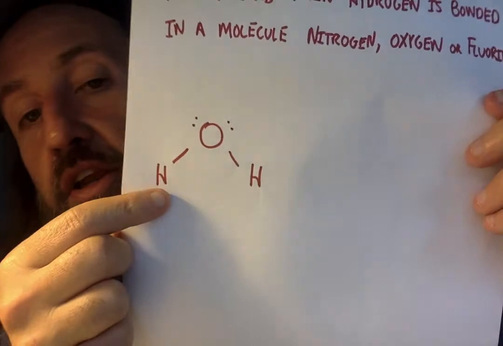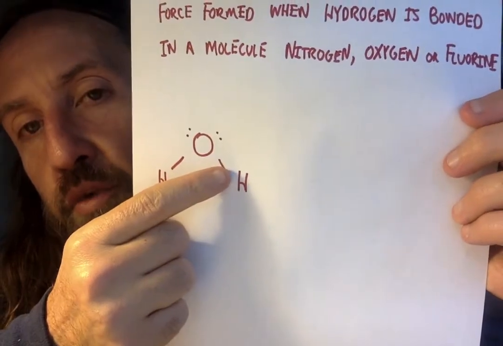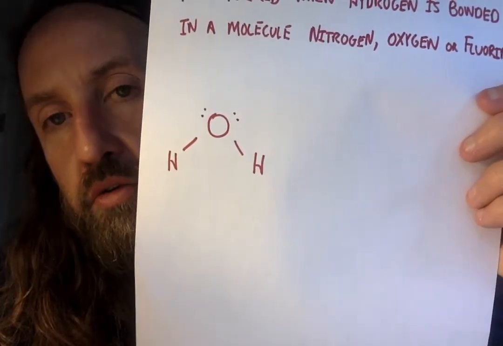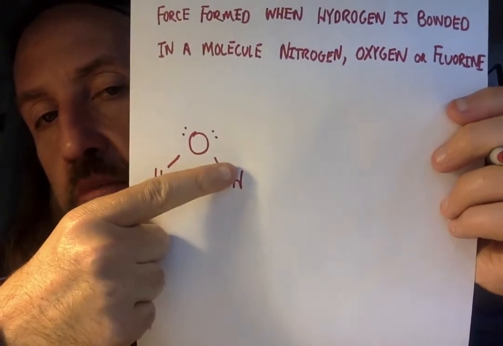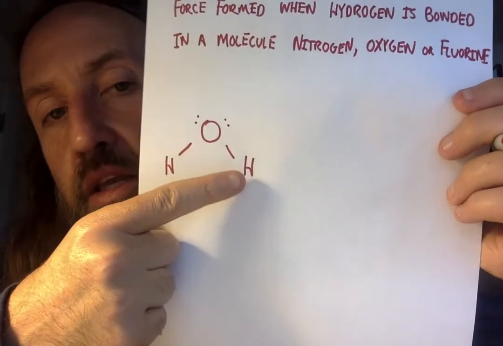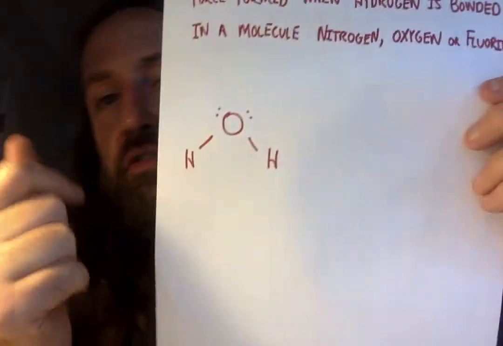Okay, so when you draw a water molecule, it's pretty simple, like that. These are your intramolecular forces, the forces within the molecule, okay? And those are two covalent bonds between hydrogen and oxygen.